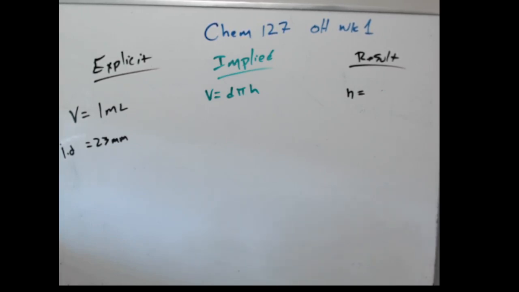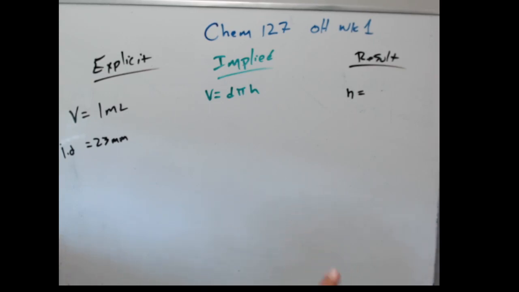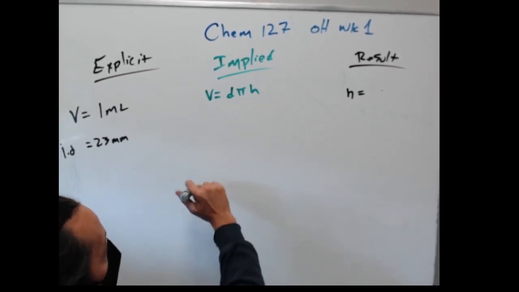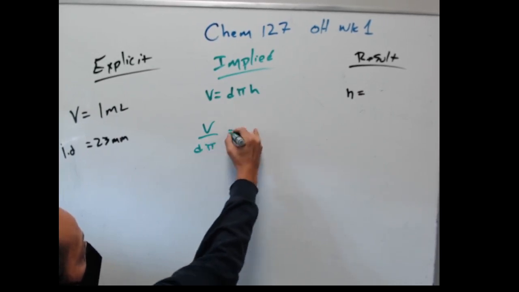Obviously, if it was a much narrower cylinder, that distance would be a lot bigger. If it was a really wide cylinder, that distance would be a lot smaller. For this particular diameter, there's going to be a particular height associated with it. So the thing we've got to be careful about as we start to plug this in, so I want to solve for h. So I'm going to get v over d pi equals h.